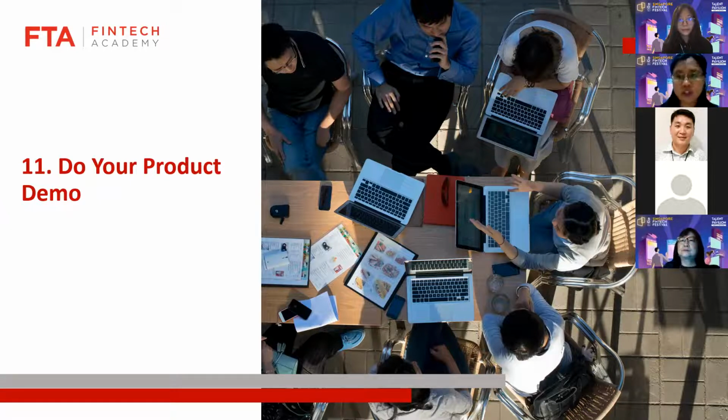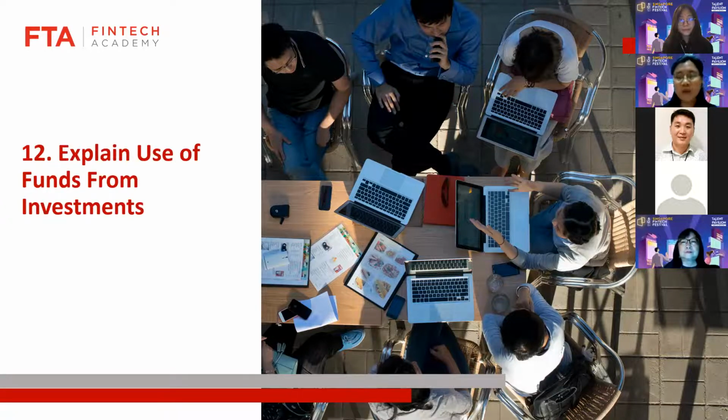Let's look at what goes into slide 12. On slide 12, finally, this is where you try to take the order. The order is you want to get your investors to invest in your business, and they want to know how you're going to use the funds they put in.